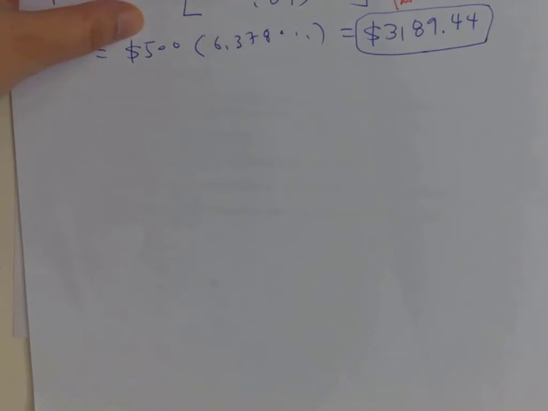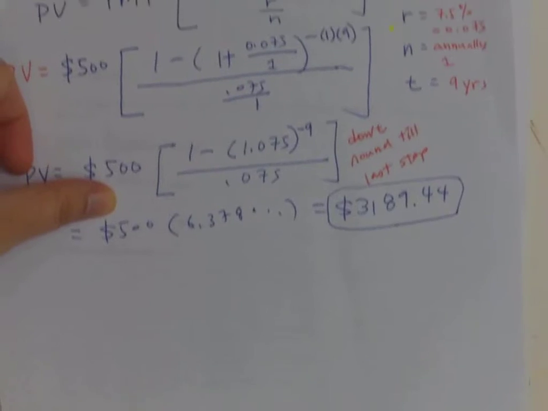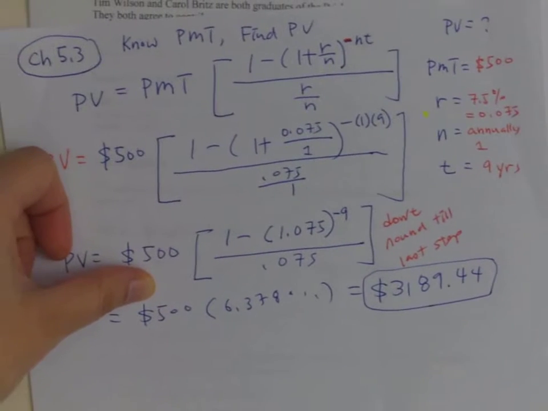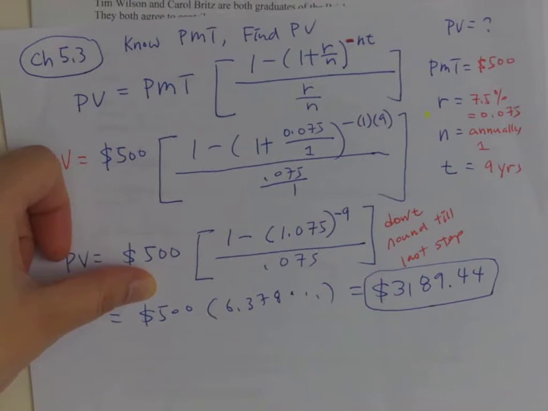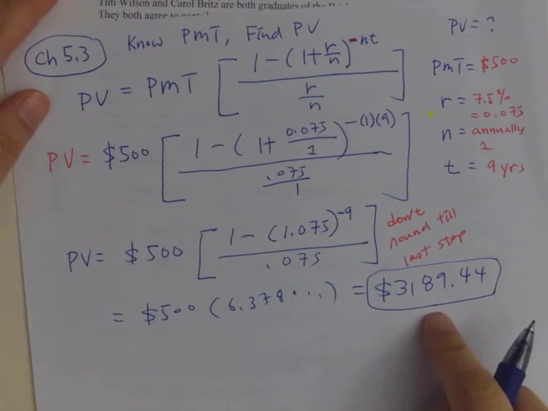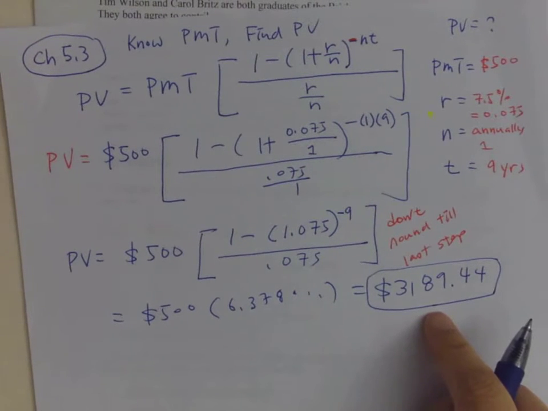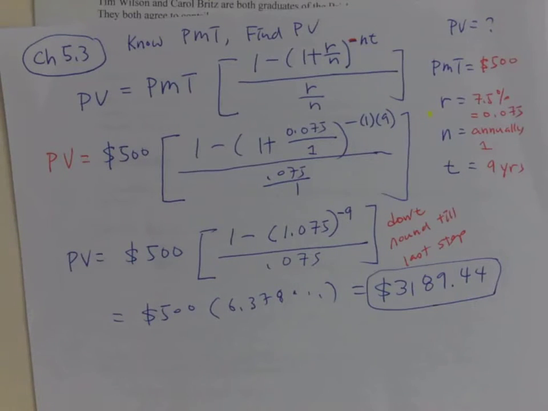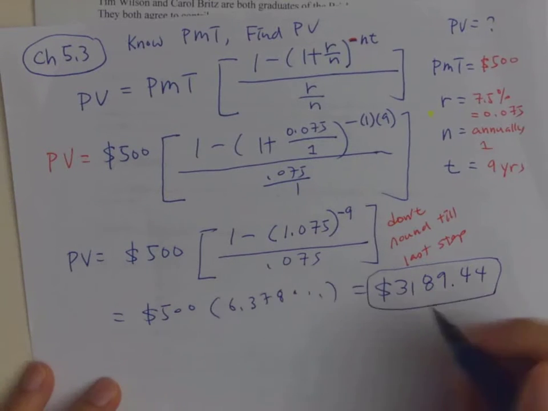One person is going to put $500 into the account every year for 9 years using those interest rates. The other person just wants to give it one time. So the lump sum, the present value, represents the money the other person is going to contribute to this account.